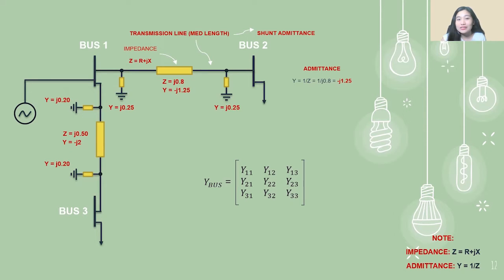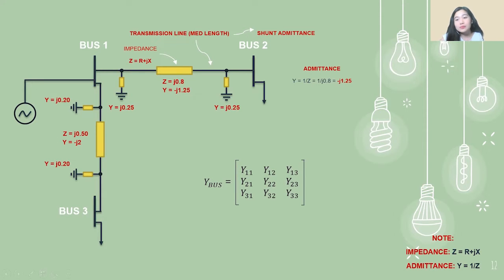As I said earlier, there is no connection, so that is equivalent to 0. Y31 is bus 3 and bus 1, and we only have this admittance connecting them, so that's negative j2. Next, Y32 is the same as Y23. We don't have a connection, so that's equivalent to 0.